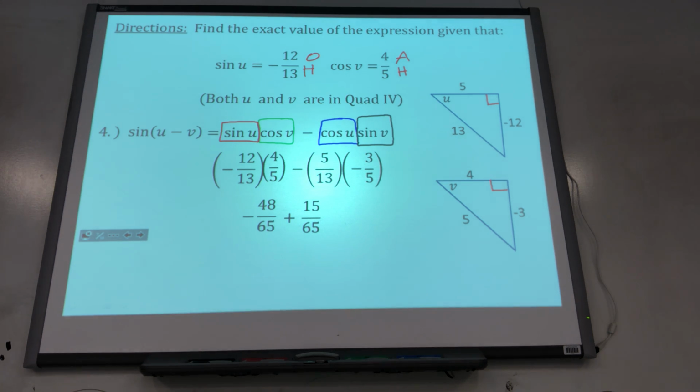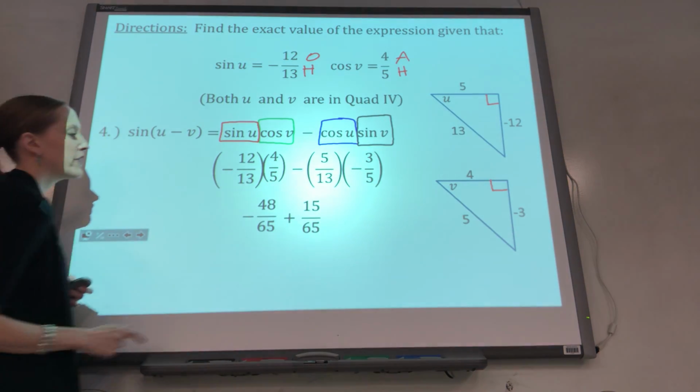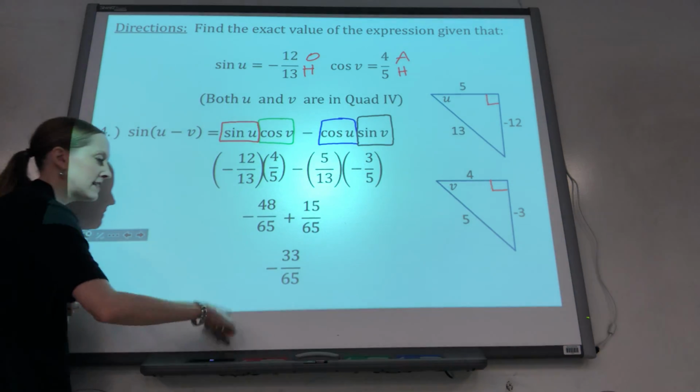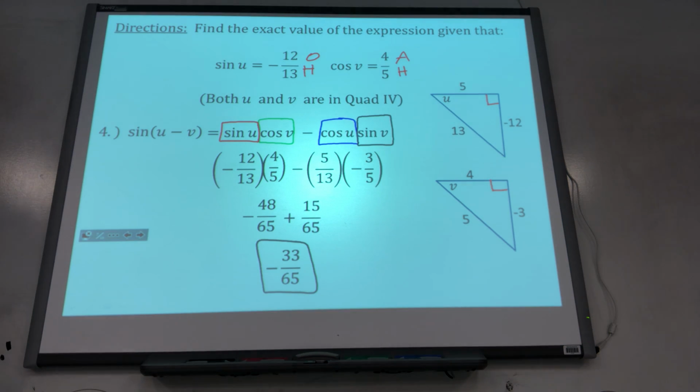So keep the 65 on bottom and type in, if you need to, -48 plus 15. That is -33 over 65. That would finally be our answer for number 4. Any questions at all about that one?